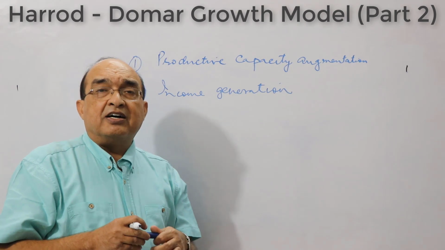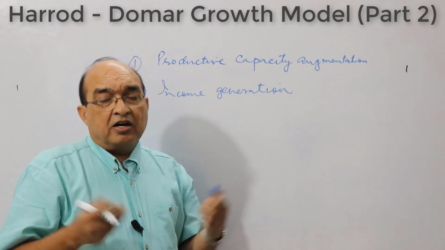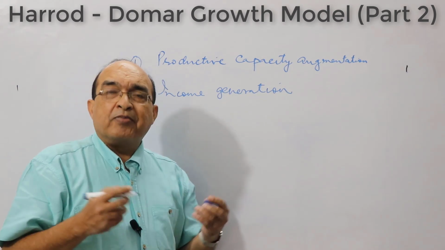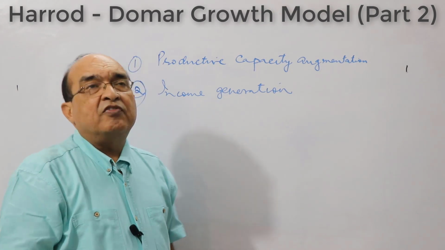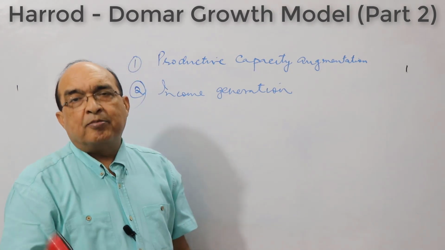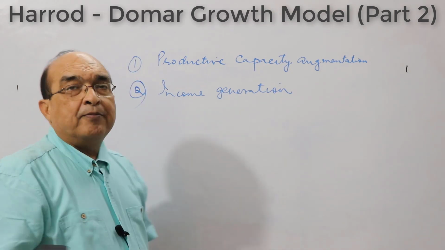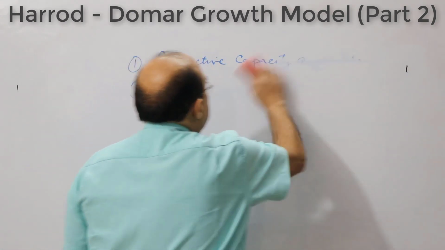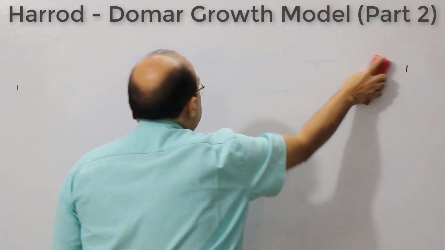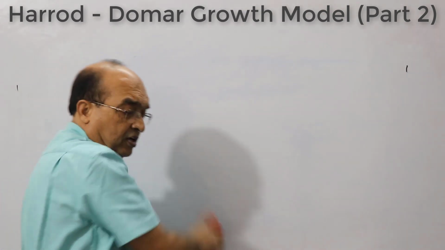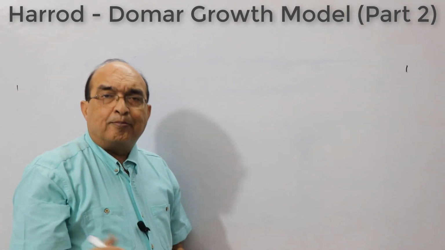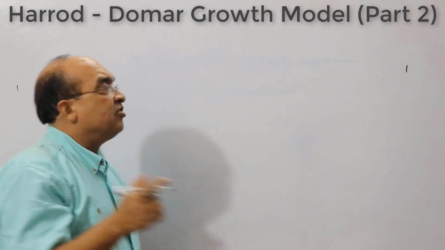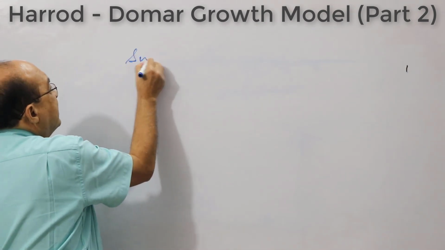And if that remains elusive, then the economy will not be in equilibrium. Rather, it will be difficult to regain equilibrium once the economy misses it. So we will see it. So for Domar, both the functions of investment are important. One deals with what is known as the supply side.